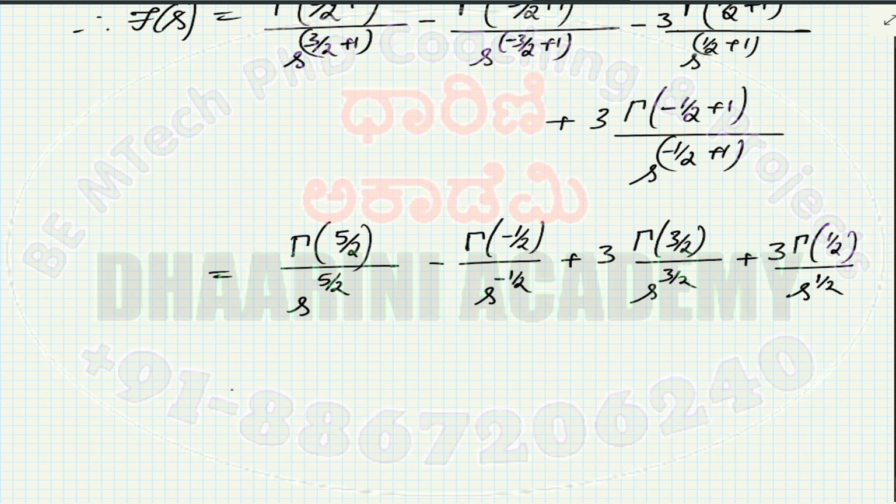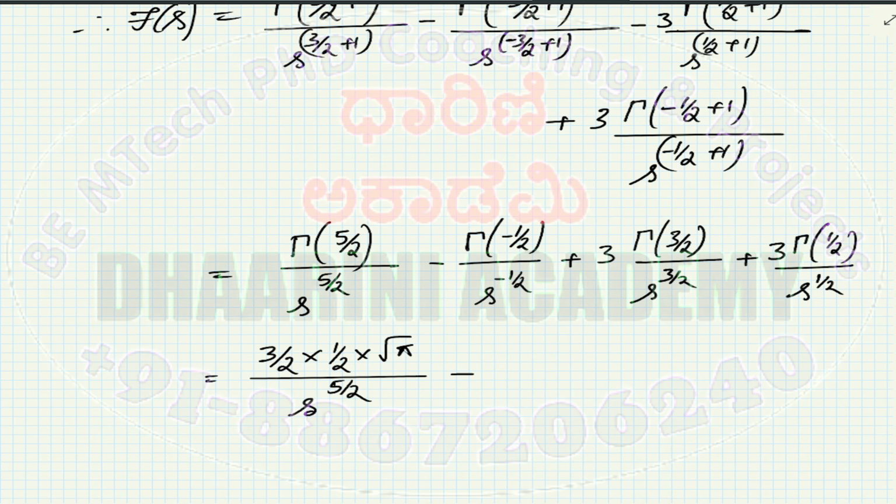All right, so here we substitute all the standard values which we know. Whichever we don't know, we'll calculate. So gamma 5 by 2 is nothing but 3 by 2 into 1 by 2 into root pi whole divided by s to the power 5 by 2. Then minus, see, gamma minus half is also a standard quantity. We already calculated that when we solved similar problems in beta gamma function, so I'm directly writing that answer.